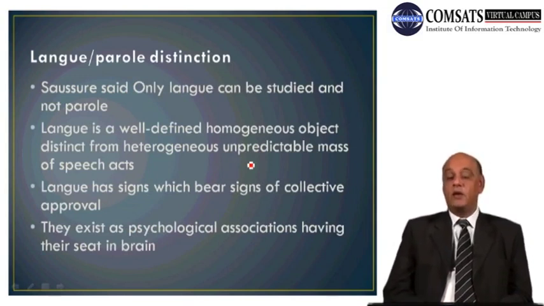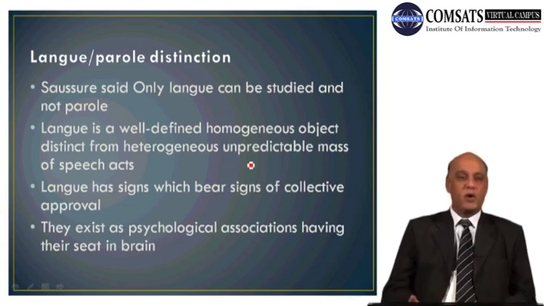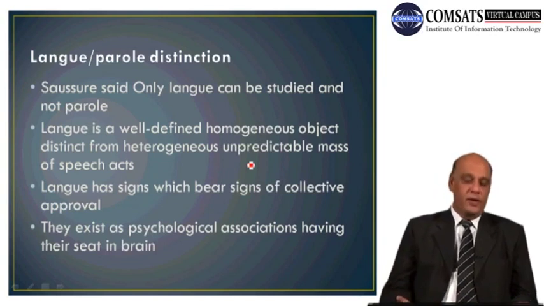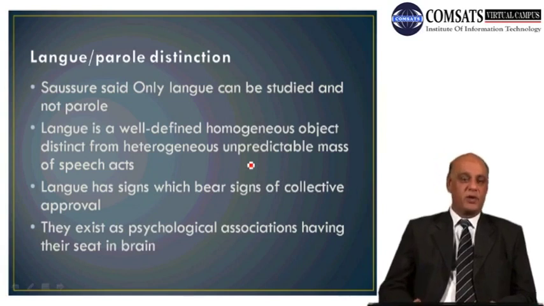Now, Saussure said only langue can be studied, not parole. You can't expect to study parole because parole is different. It's difficult to study individual paroles or individual languages because there are so many different kinds of languages being spoken in the same community.